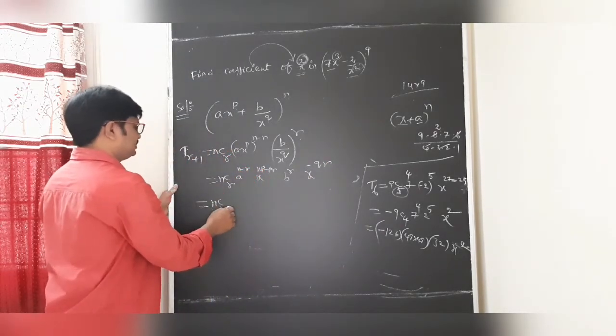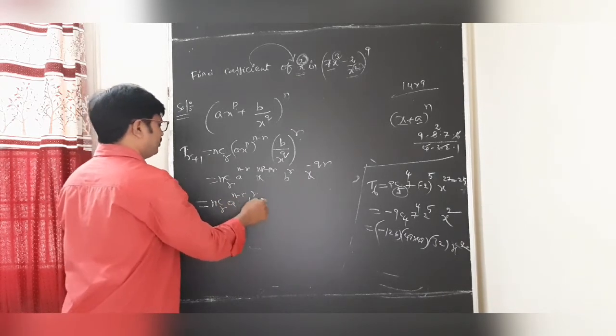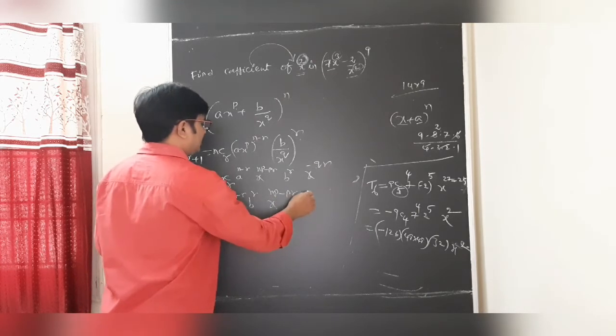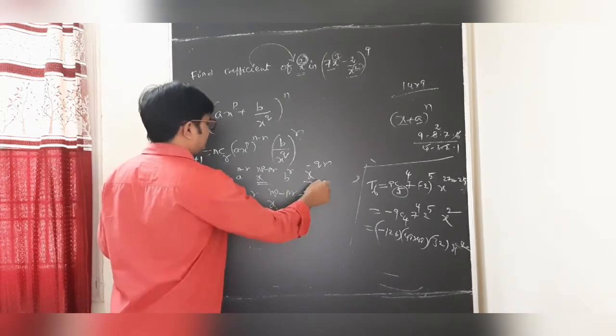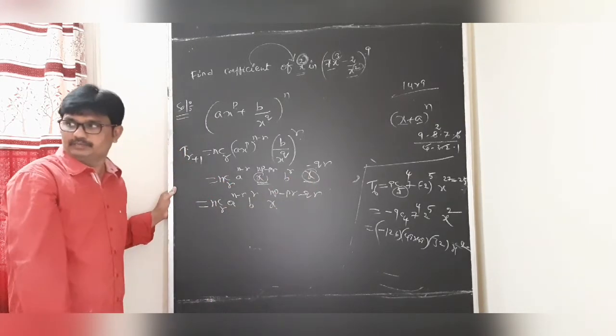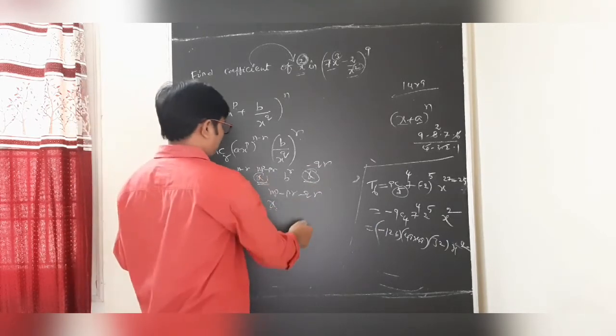So students, nCr a power n minus r b power r x power np minus pr minus qr, where the bases are equal. This is x and this is also x. Dear students, we can write it as x power np minus pr minus qr.